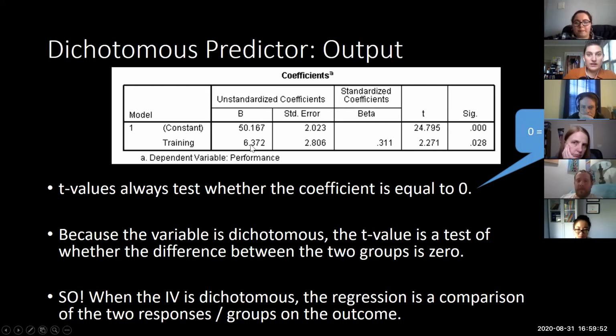You can also calculate the means of each group in this way. I've got the mean of one group here, it's 50. And then if I add that together with this other group, this training group, I get the mean of 56. They're 6 points different.